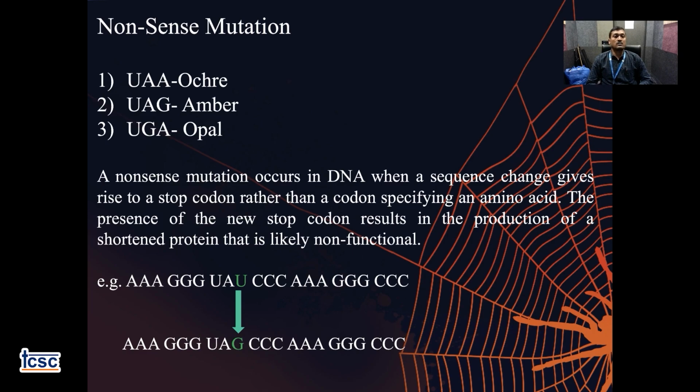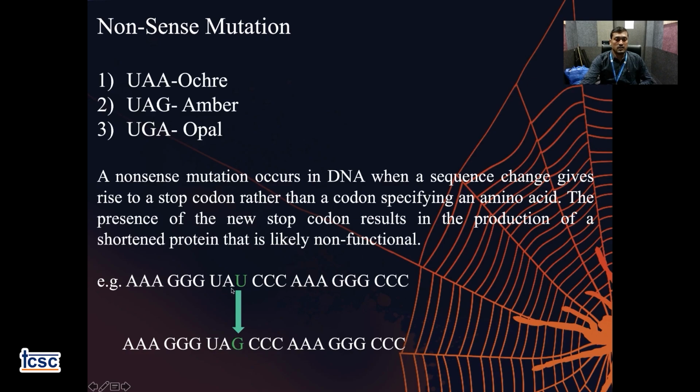These are the three stop codons, and they are there to terminate protein synthesis. After termination, an immature, non-functional protein will be formed, and that's why they are called nonsense mutation.